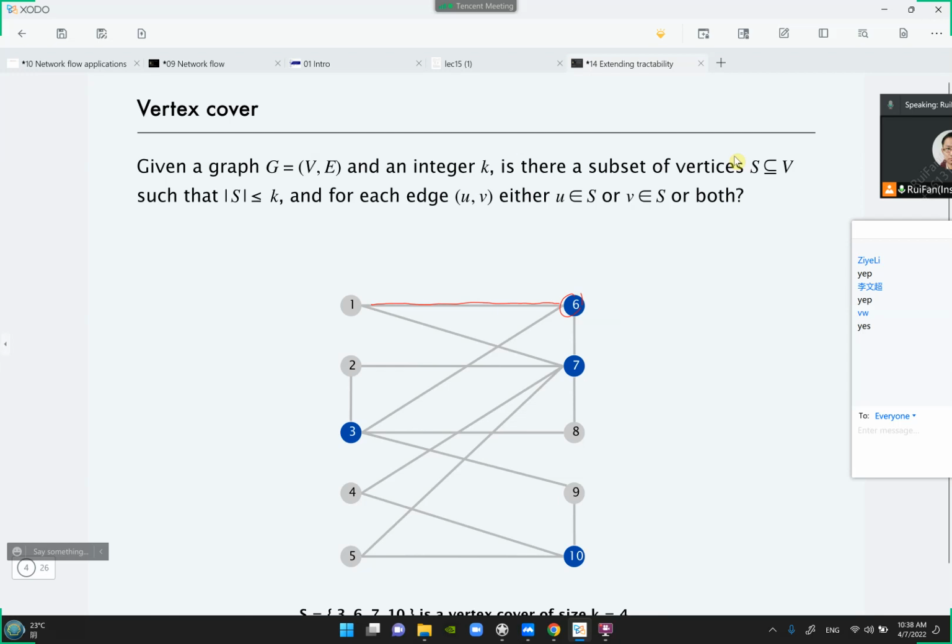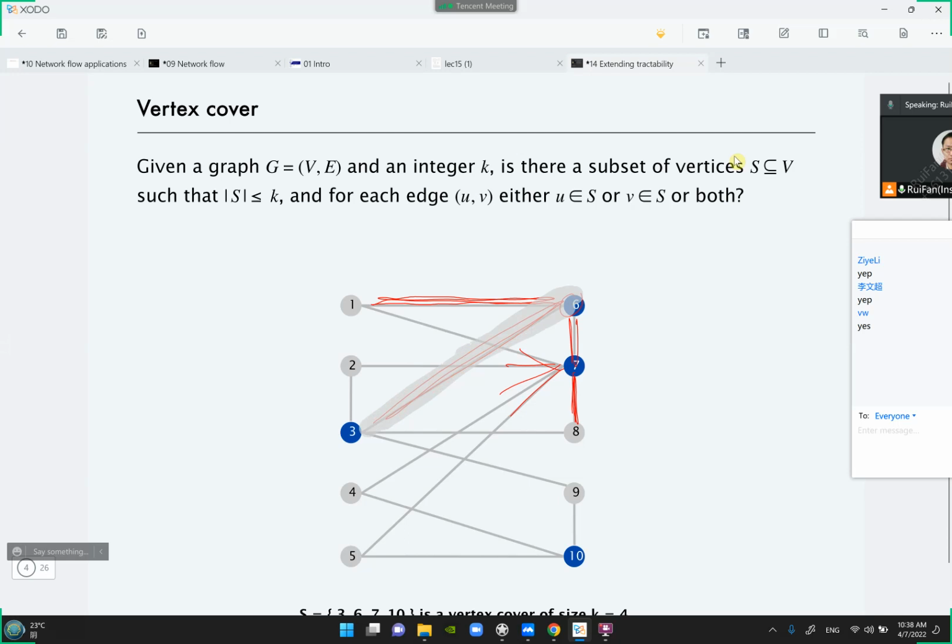So therefore it covers this edge from 1 to 6. Likewise, the 6th vertex also covers this edge. The 7th vertex covers, let's say, this edge and that edge and all of these other edges which are adjacent to 7. So for each vertex, it covers all of the edges that it touches.